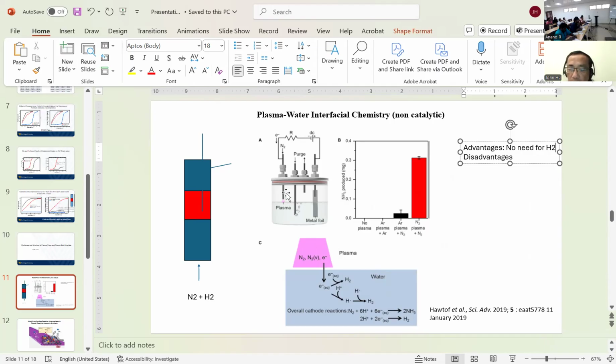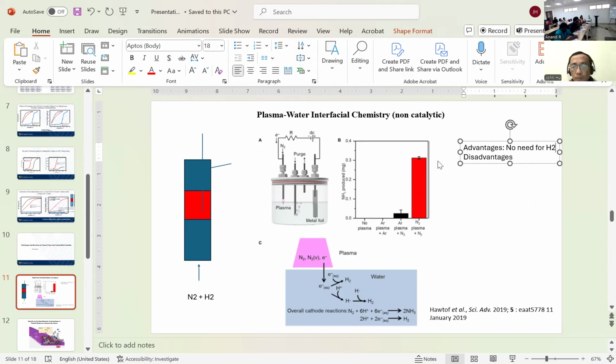But the key is, I think this plasma does some job, because the plasma comes in and interacts immediately with the nitrogen, and then they form some kind of nitrogen plasma that can react with hydride in the liquid phase. You follow me? So anybody say no need for hydrogen, which is a saving. Anybody want to say any advantage, disadvantage?